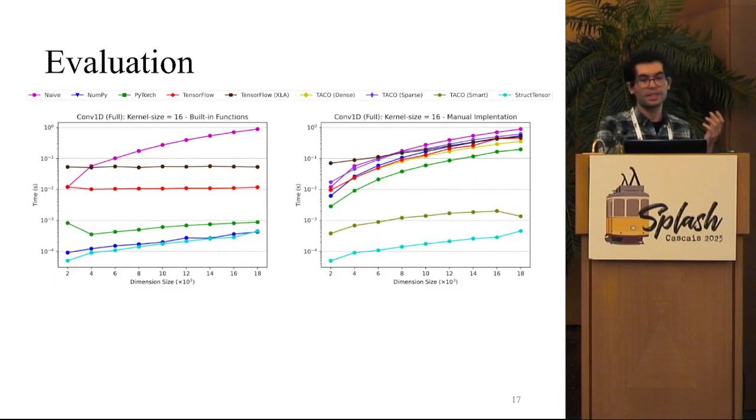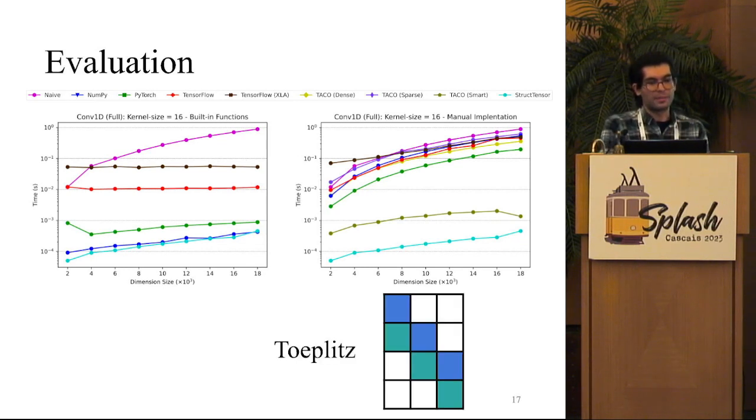And there is another important kernel, 1D convolution, which is used in signal processing a lot. And there is no proper tensor algebraic representation of it. All of these frameworks use some sort of manual implementation, which is very hand-tuned and very optimized to do the convolution, but we transform it into a pure tensor algebraic form using a matrix-vector multiplication, and the matrix is a variation of a Toeplitz matrix, which has both redundancy and sparsity.